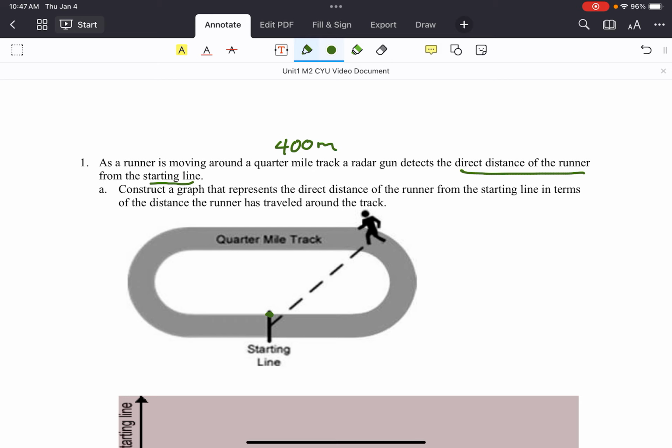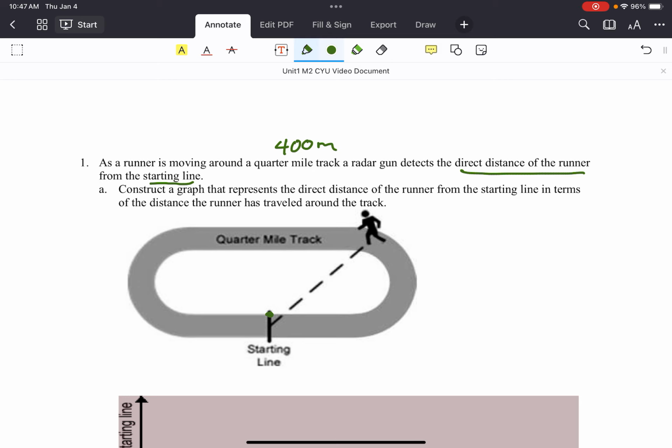Speed, in our construct, is distance per single unit of time: feet per second, meters per second, miles per hour. That doesn't matter here because we're tracking distance per distance. So we're looking at the relationship between the runner's distance from that start line as a function of how far they've traveled.